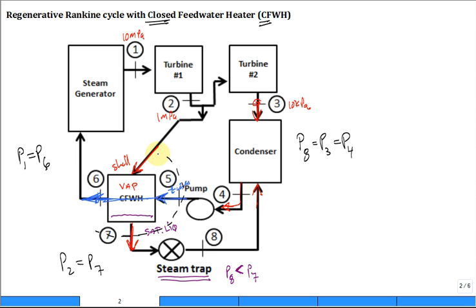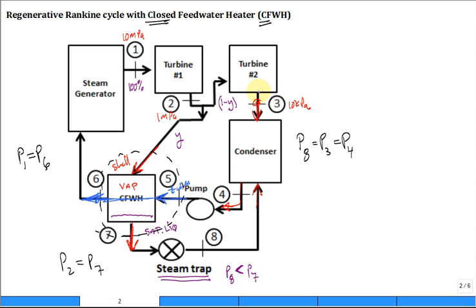True? Okay, before I do that, I forgot to emphasize what the mass fractions are. You have 100% coming out of the steam generator going into the first turbine stage. It comes out and then some of it splits. The mass fraction that goes down to feed the feed water heater is Y. What continues? 1 minus Y, right?